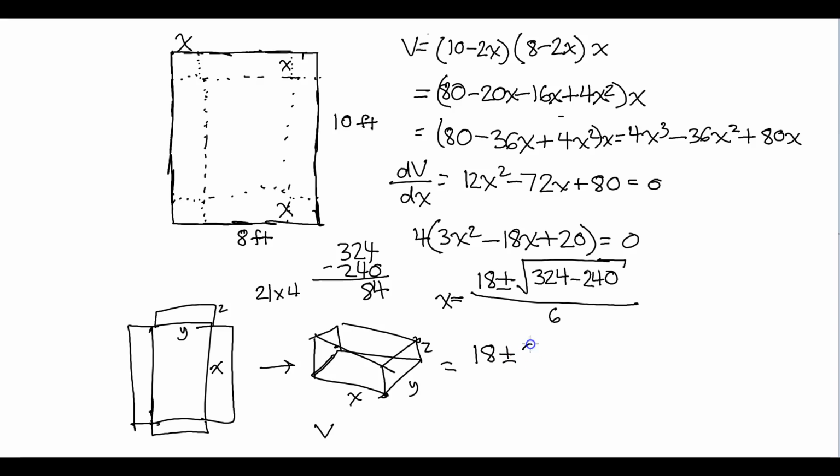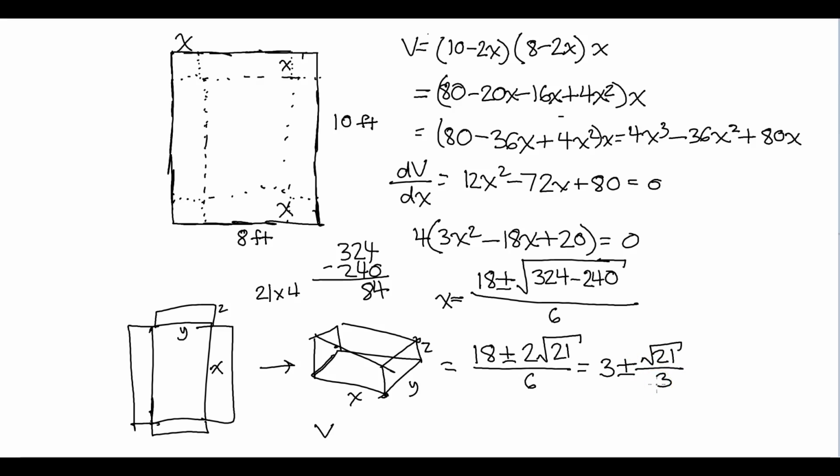So we have plus or minus 2 root 21 over 6, which means we have 3 plus or minus the square root of 21 over 3.